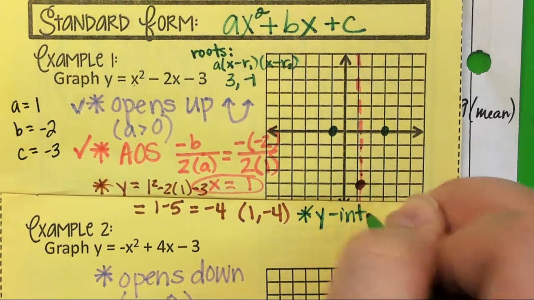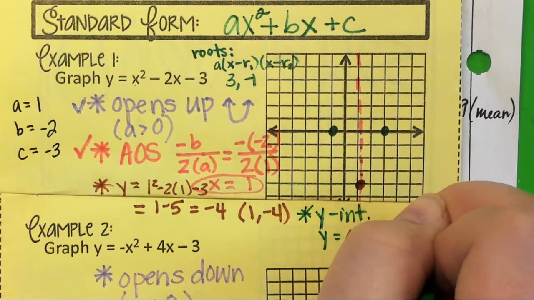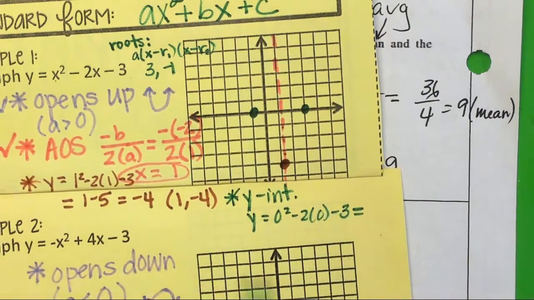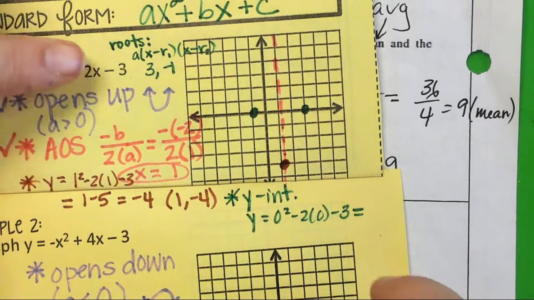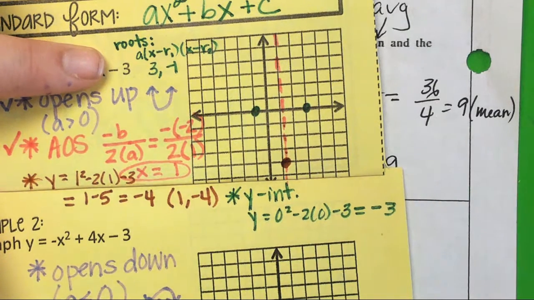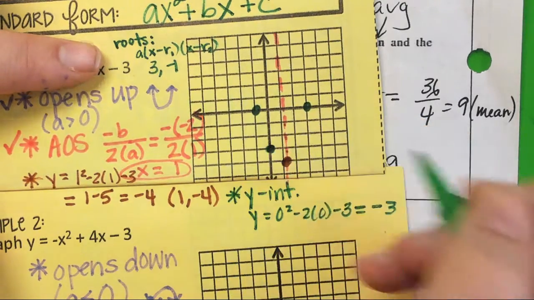We'd plug in x being 0, so we would have y equals 0 squared minus 2 times 0 minus 3, but John David's smart. He realizes if I plug in a 0, those two go away. The intercept is at negative 3. So I already knew it was going to cross at negative 3.